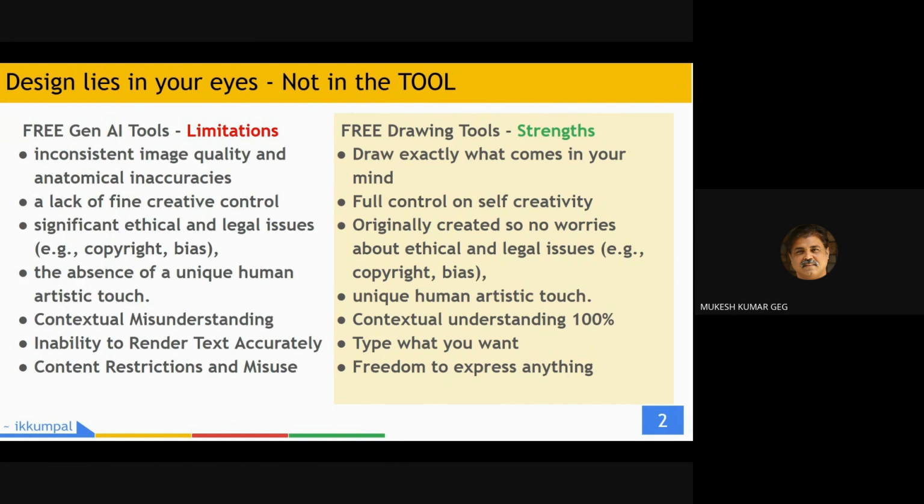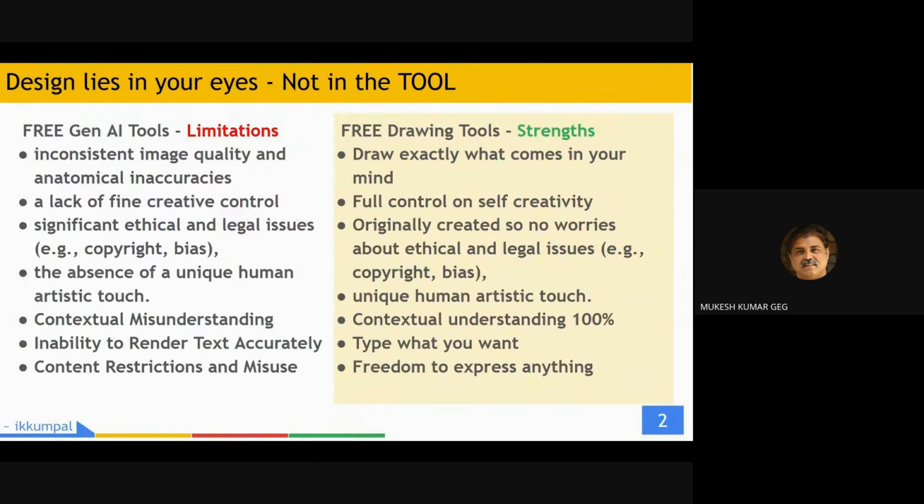Most of the time, all Gen AI tools produce inconsistent image quality, and there is a lack of fine creative control, which means the user does not have fine control of that. At the same time, there are significant ethical and legal issues, and sometimes biases, because every Gen AI tool is developed by somebody with some bias behind it.